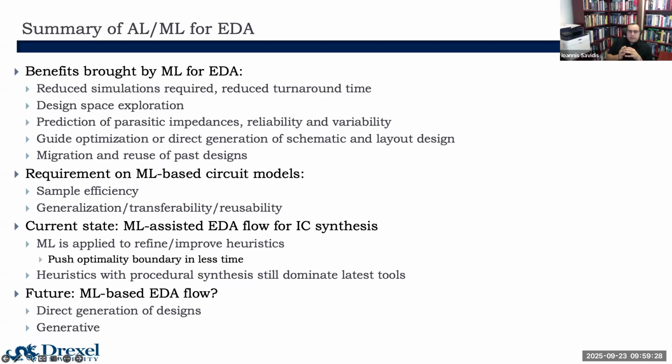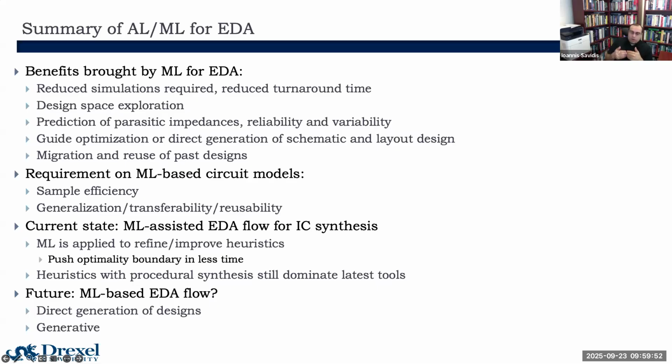Currently, ML is used to refine and improve traditional heuristic methods in EDA, allowing for a more optimal and efficient design in less time. However, traditional heuristics and procedural synthesis will still dominate, I would say, the latest tools. And again, there's still a lot of potential for greater integration with ML techniques, and that's what you're seeing currently.